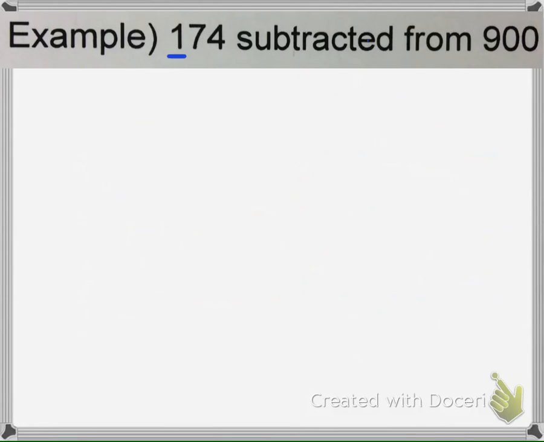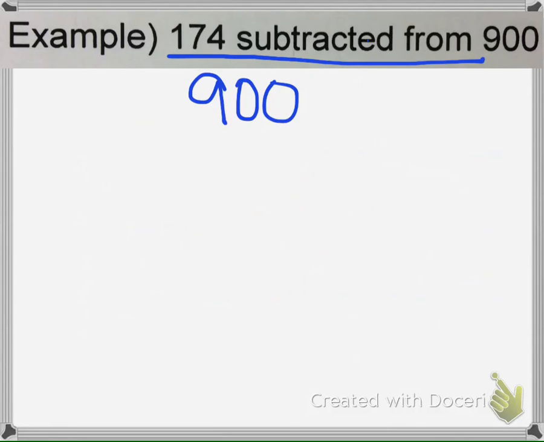Alright, so we're going to take 900 and subtract from it 174. So we have everything lined up. Now we have to make sure that the top row's digit is larger than the bottom row's digit. So here we have 0, which is not bigger than 4.